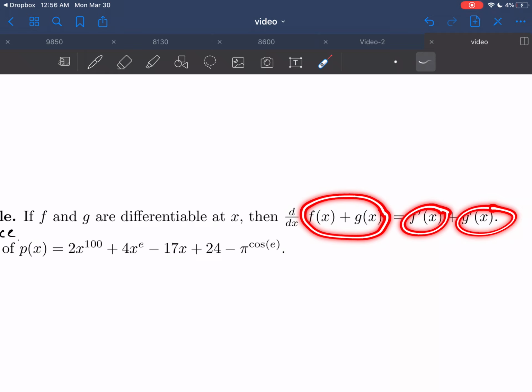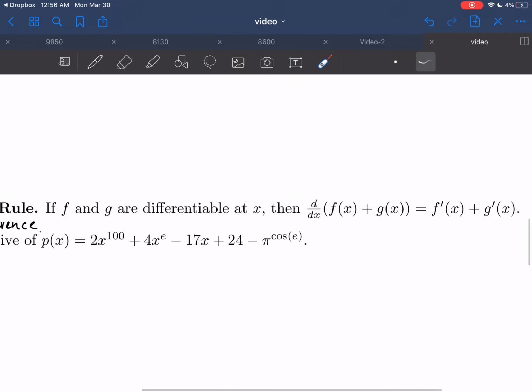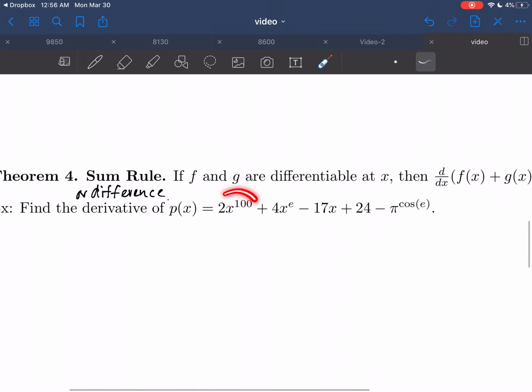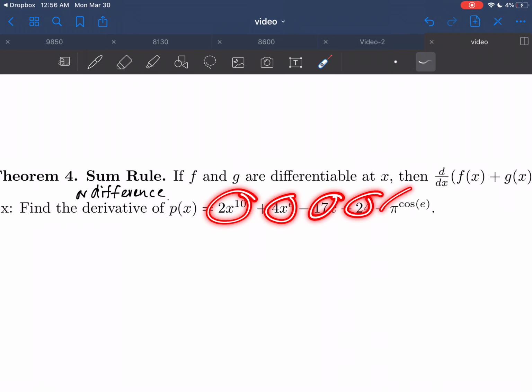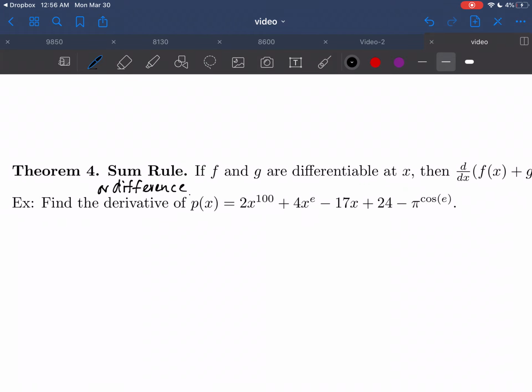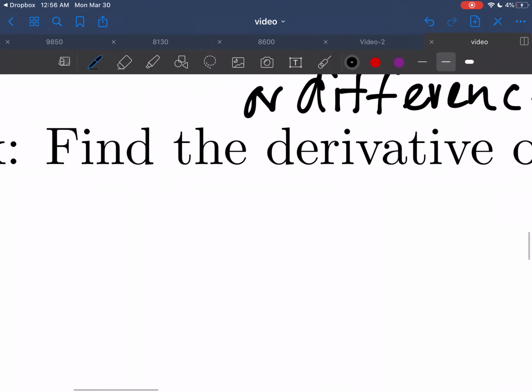So if I've got some long complicated function, for example our polynomial here, what I'm going to do is take my derivative of each piece. That's all the sum rule, or difference rule, is saying.